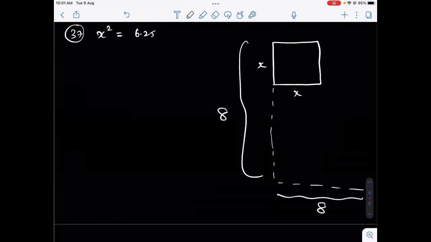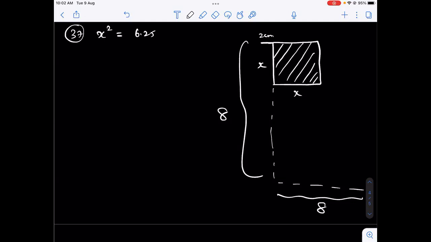Is that right? And each square, what is there? They told us a border around the board is 2 centimeter wide. Then how do we solve this?